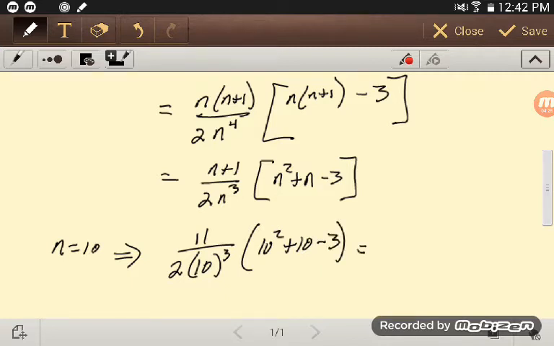And so that's 11 times, let's see, 110 minus 3, that's 107, divided by 2,000. And then I put that into a calculator and check it out.